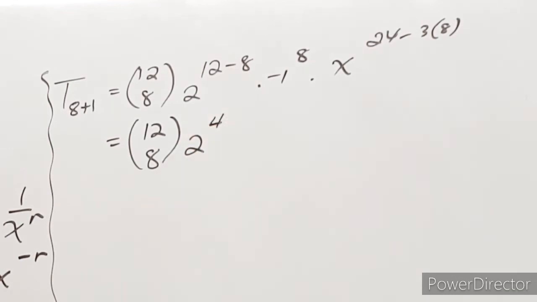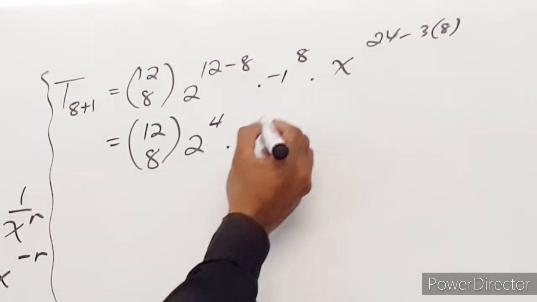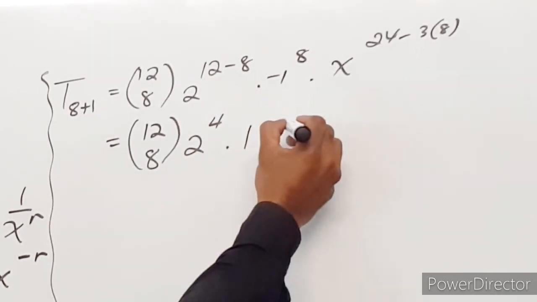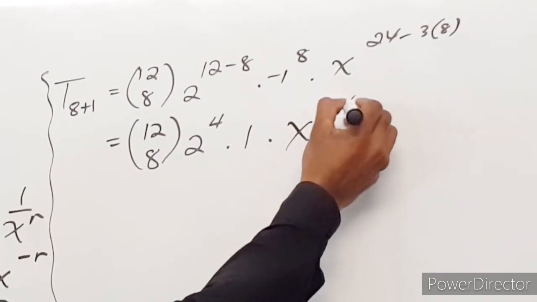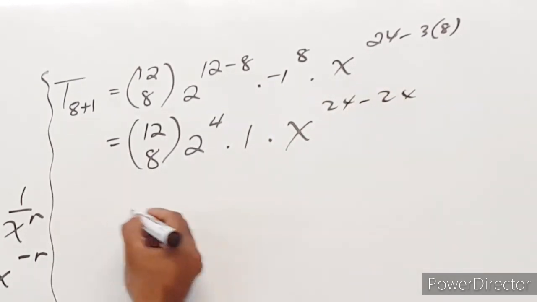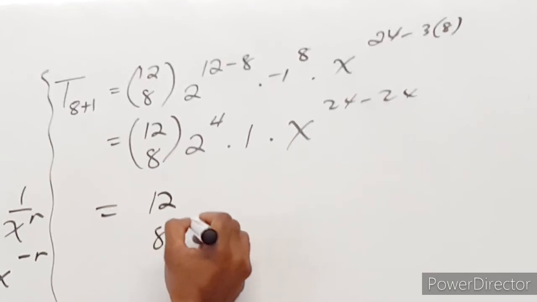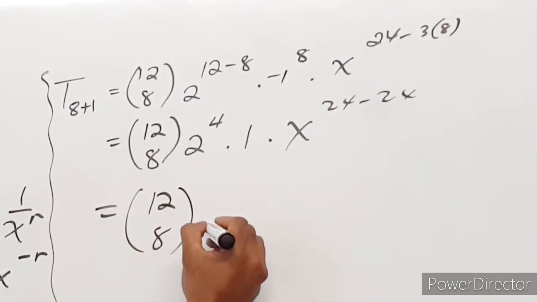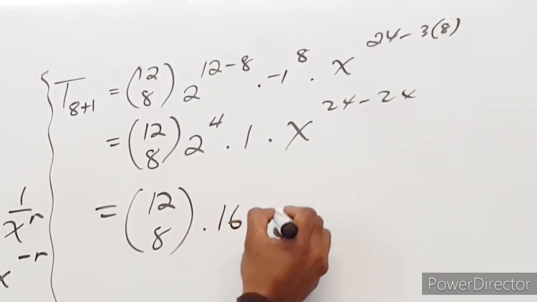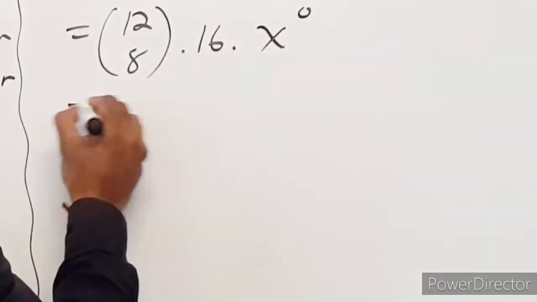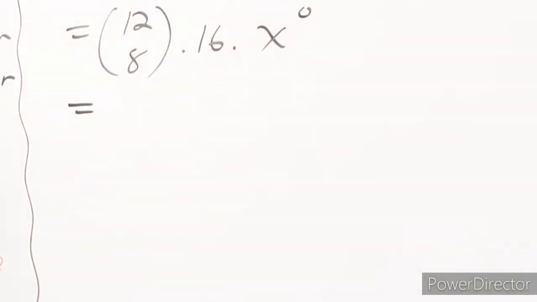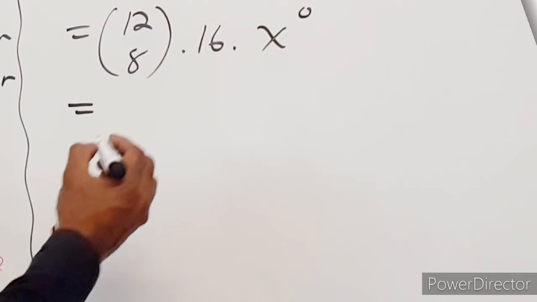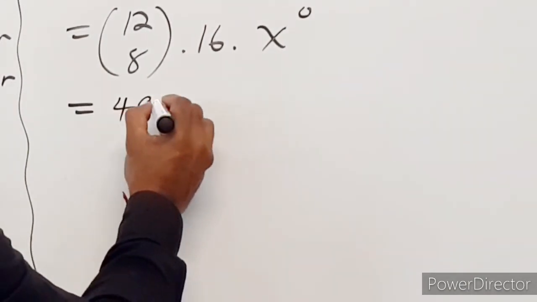So 2 to the power of 12 minus 8 is 2 to the power of 4, and negative 1 to the power of 8 is just 1. Then x will be to the power of 24 minus 24, which gives 0. So we have 12 on 8 multiplied by 2 to the power of 4, which is 16, and x to the power of 0. What do we get for 12 on 8? 12 on 8 is 495.